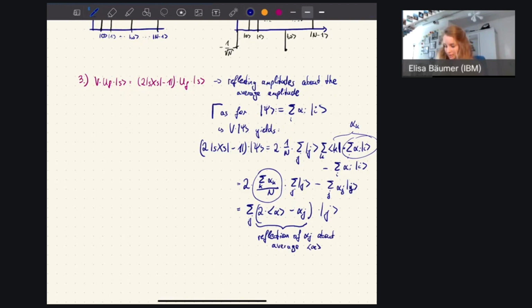Maybe, in case this is not clear yet, let me give you one more way to show that. Let's say alpha j equals alpha plus some delta.